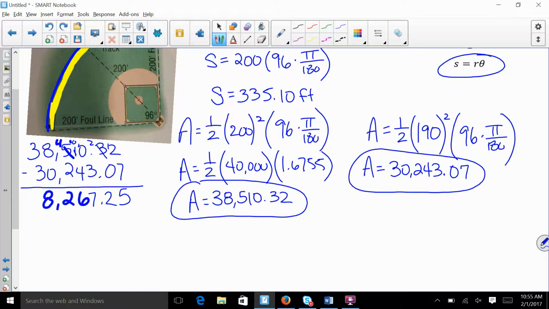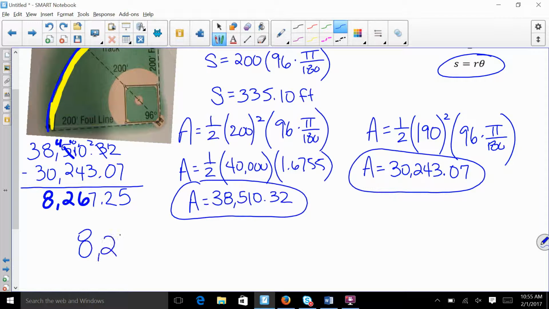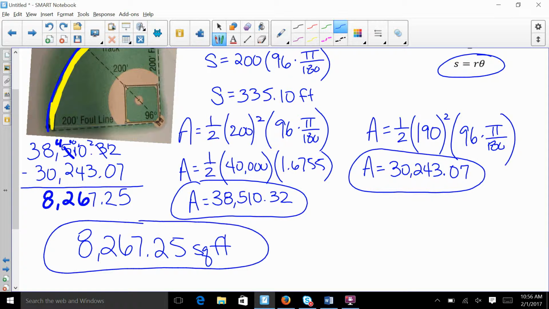And I end up with 8,267.25, and this is going to be square feet because our measurement for the radius was in terms of feet.